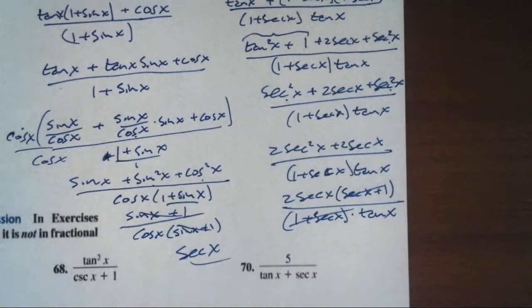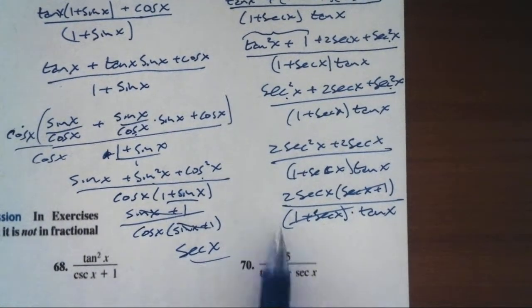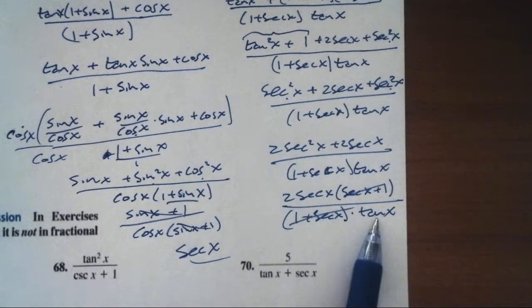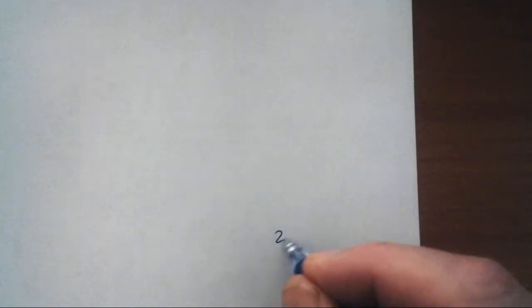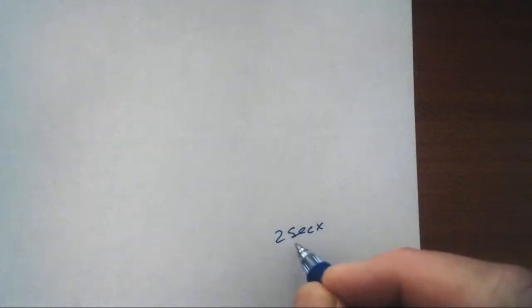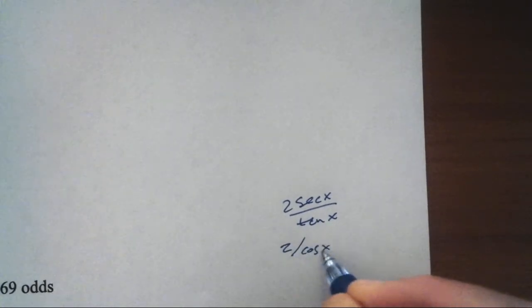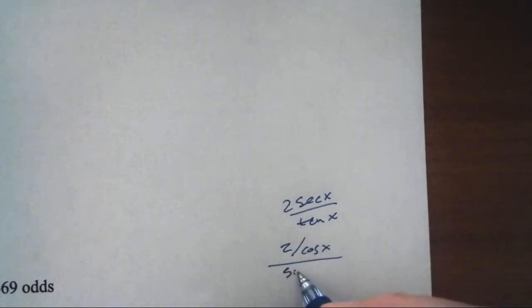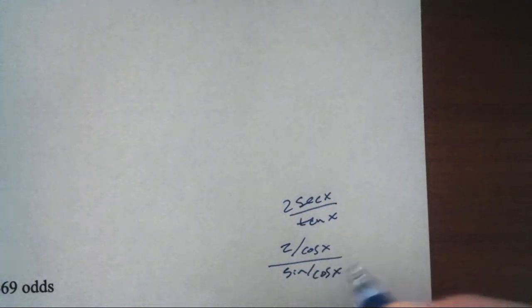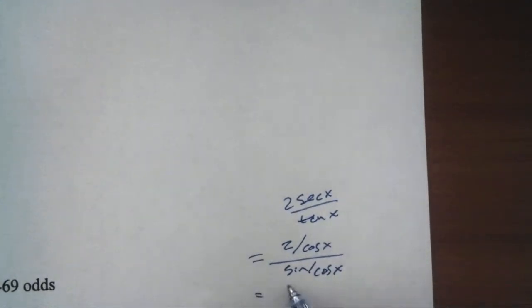And now I'm going to bring that down just to make certain that I can't simplify things further by going to sines and cosines now. So I'm going to jump down to the bottom of the page and write what I have here. 2 secant of x on tangent of x. Let's see, that's 2 on cosine of x over sine of x on cosine of x, which is equal to 2 on cosine of x times, flip it, cosine of x on sine of x.